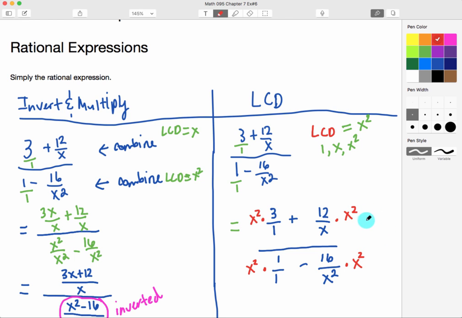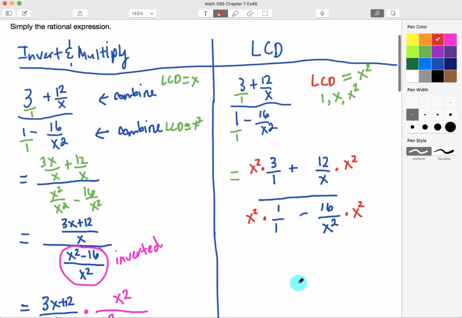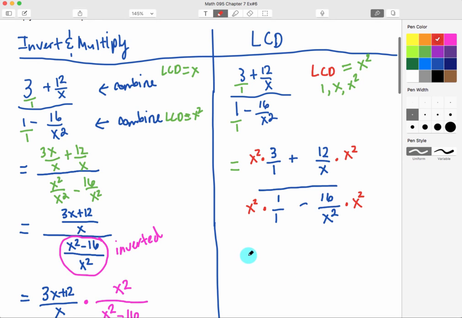As long as we hit every single fraction, we are essentially doing a big fat distribute of x squared over x squared to our entire fraction. So whatever you do to the numerator, you have to do to the denominator of a fraction. So we multiplied the denominator by x squared, so we're multiplying the numerator by x squared. We're only changing the look of our fraction, but not the value of our fraction.